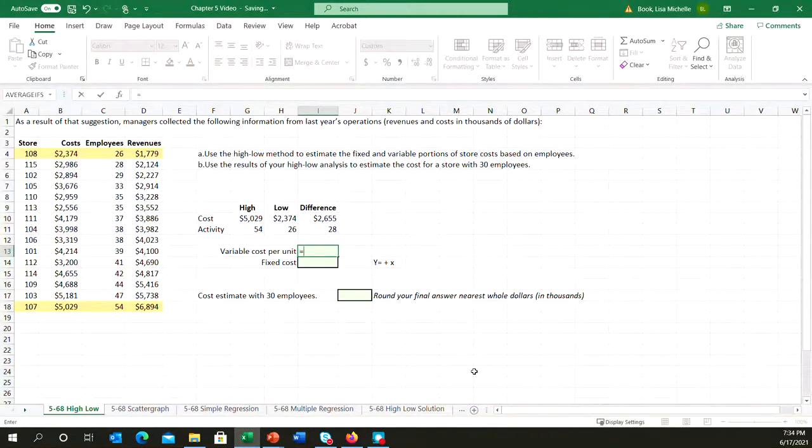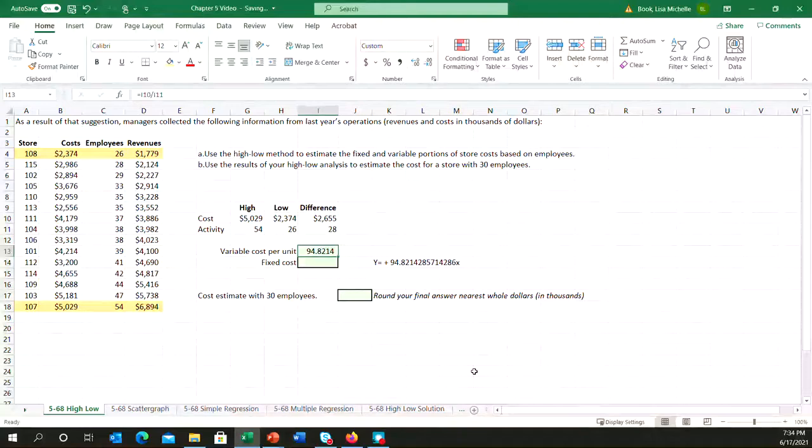So if I take my change in cost, 2,655, divided by my change in activity, I get an estimate of my variable cost per unit of 94.8 if I go ahead and round it. What that's saying is for every employee we add, we're going to add about $95 in cost. Now I'm going to go after my fixed costs.